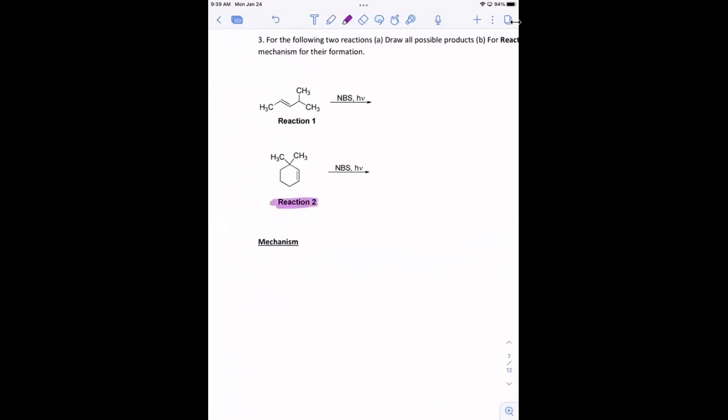Actually, I'm gonna break y'all out and let y'all work on this for about 5 minutes. Tell me what your strategy is for this problem. Find the allylic site or sites.